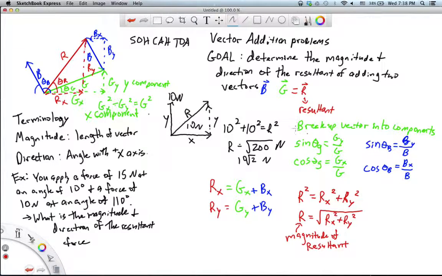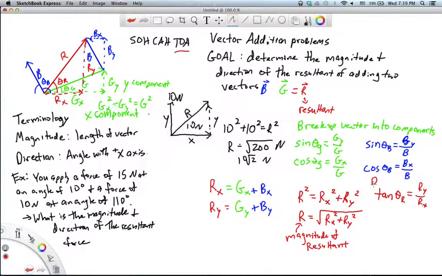Remember SOHCAHTOA, the TOA part: the tangent of the angle is equal to the opposite divided by the adjacent, which is Ry divided by Rx. So I can come down here and say that the tangent of theta r is equal to Ry over Rx.